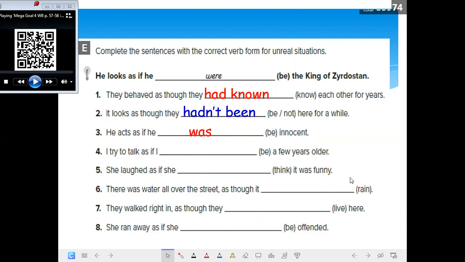I try to talk as if he a few years older. طيب يعني ايه الإجابة؟ Where was. excellent. هي نفس اللي فوق. يعني أنا هقول برضو هنا I try to talk as if I was or I were a few years older. excellent، ممتاز، برافو عليك يا زيد، برافو.